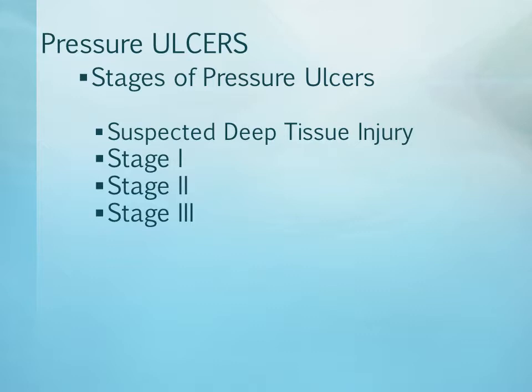Damage goes down to the muscle fascia. Stage 4 includes full thickness loss with exposed muscle, palpable muscle, tendon, and bone. Unstageable is full thickness and the base is completely eroded and covered with eschar, obscuring the true depth of the wound.